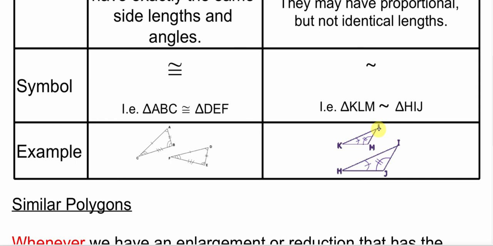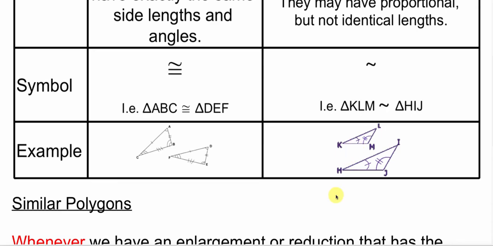But if I look at the length of HI, HI corresponds to KL because it's between the two corresponding, identical angles. But HI does not equal KL. Same with HJ. HJ does not equal KM. But a very important thing to look at is that these sides must be proportional.